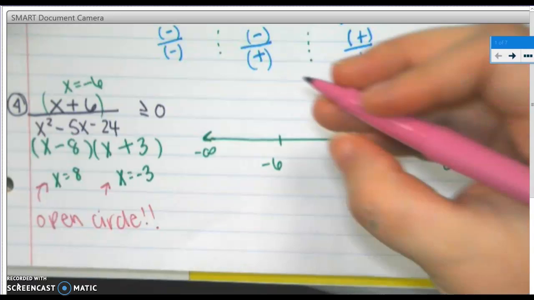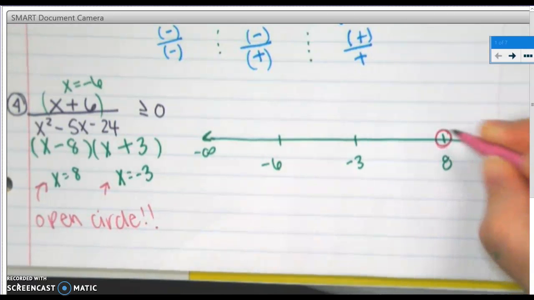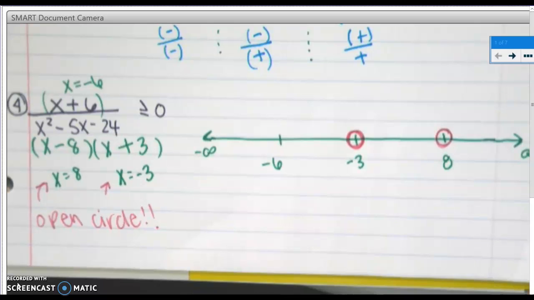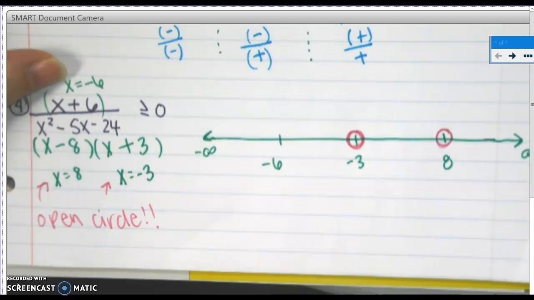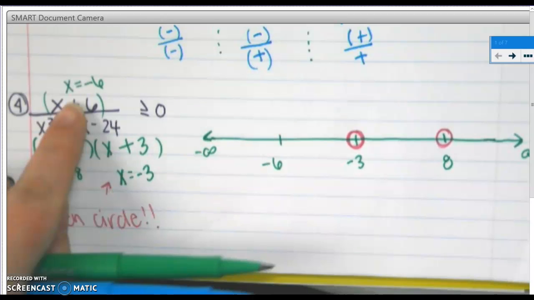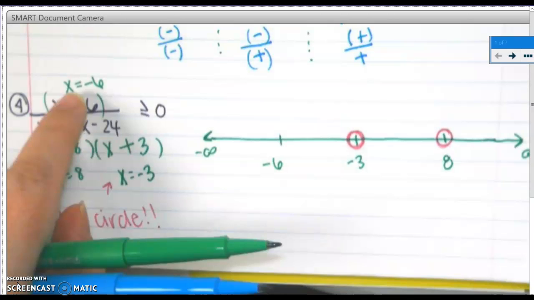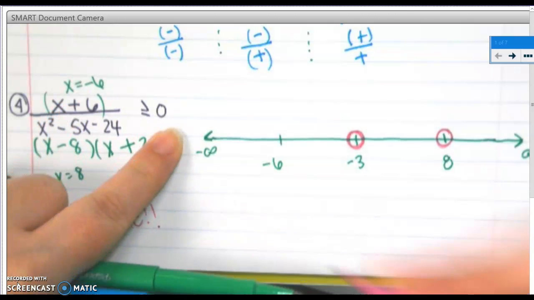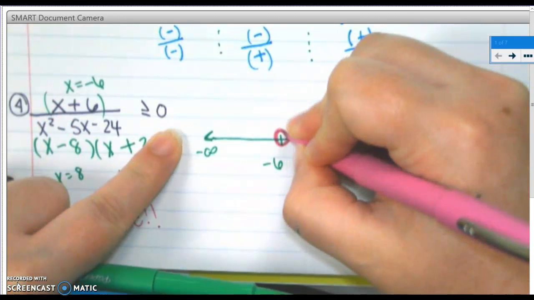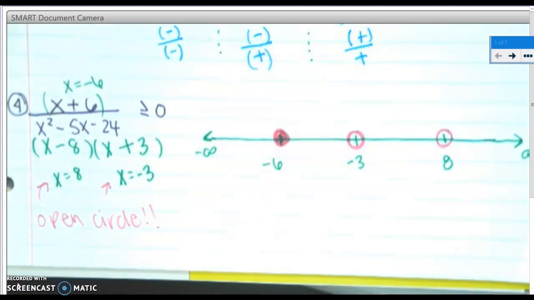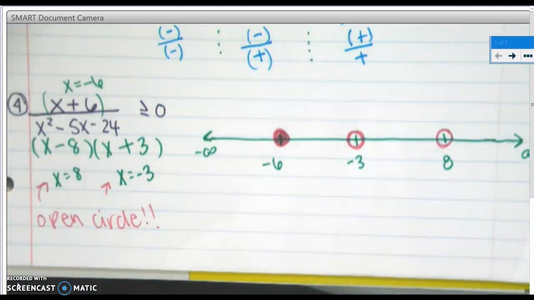So 8 and negative 3, those get open circles because they came from the denominator. But negative 6, it's okay if the numerator equals 0. And since this inequality is or equal to 0, negative 6 is going to get a closed circle. All right, so again, the denominator is always open. We cannot make the denominator equal 0.